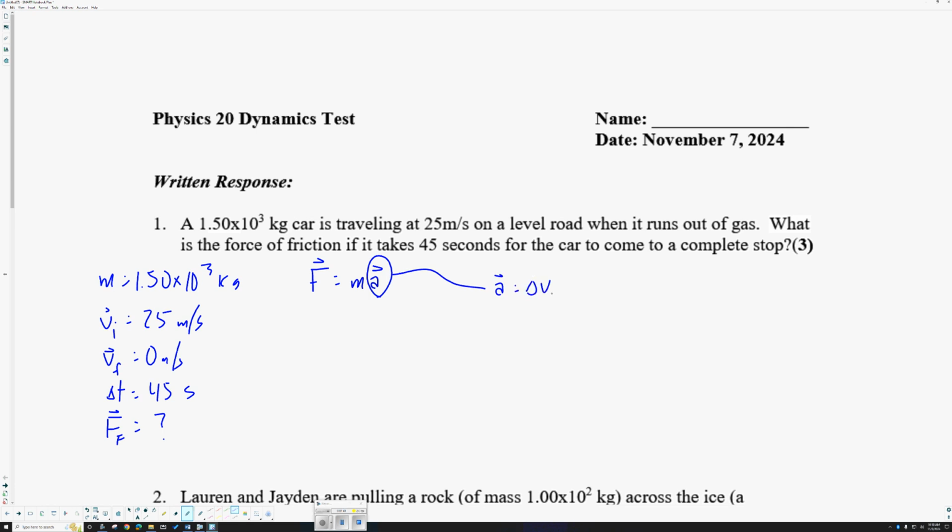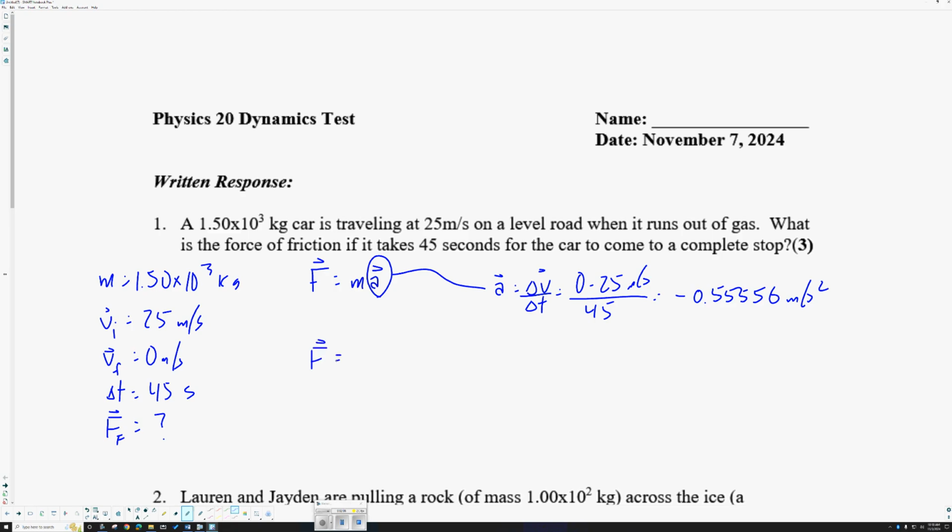Let's say a is equal to delta V over delta T. We're allowed to use any of those group B equations here, although this one looks like it's the one that's going to fit. 0, the final velocity, minus the initial velocity of 25 meters per second, gives me an acceleration of negative 0.55556 meters per second squared.